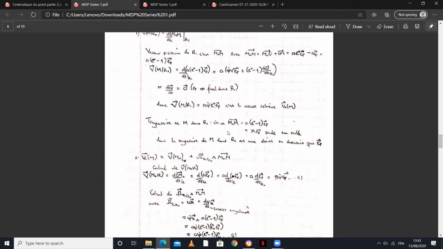The value of M0M, which we found here, was A, between parentheses, E phi minus 1, suivant E rho. So you have some value suivant E rho. So M is just in the direction of one base vector, which is E rho. So it's moving in a straight line in that one direction, E rho.